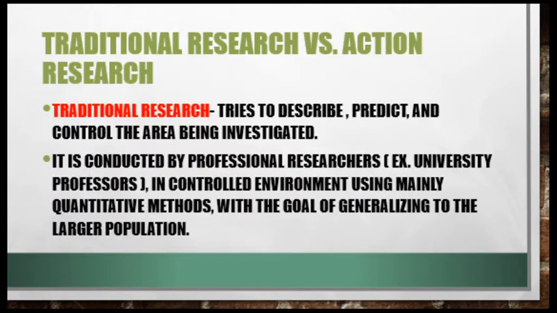It is conducted by professional researchers, for example, university professors, and is usually done in a controlled environment using mainly quantitative methods with the goal of generalizing to the larger population. So this is basically the most common type of research that we are doing.